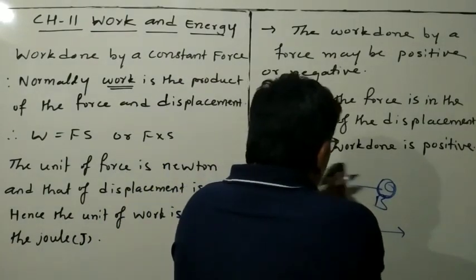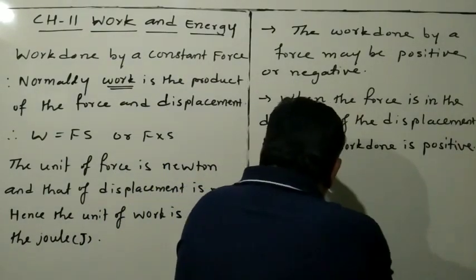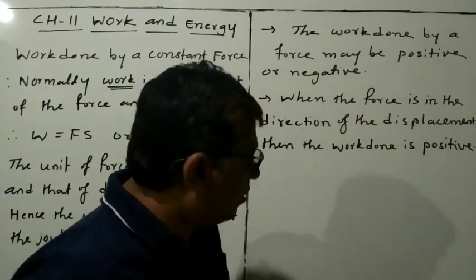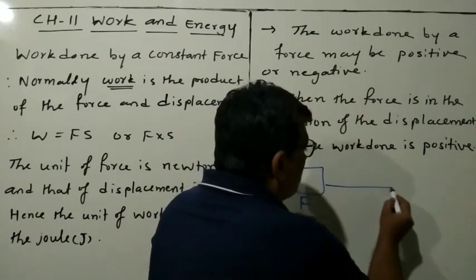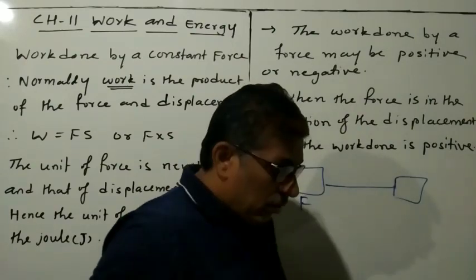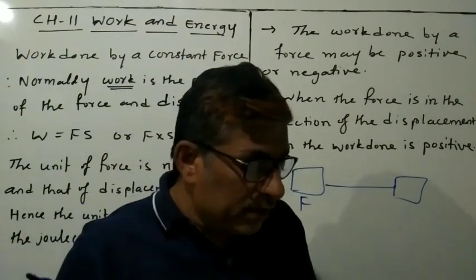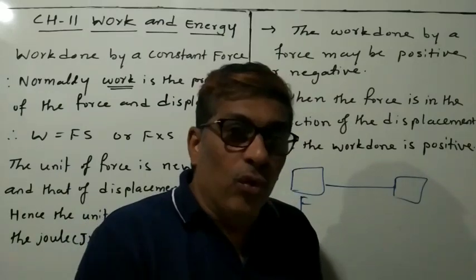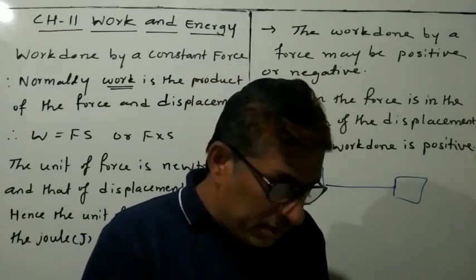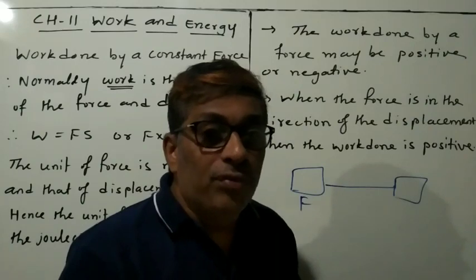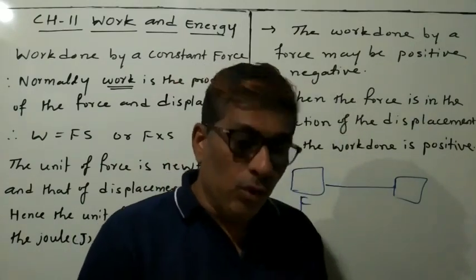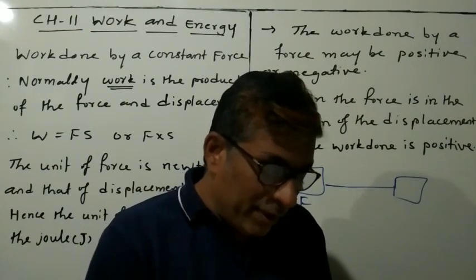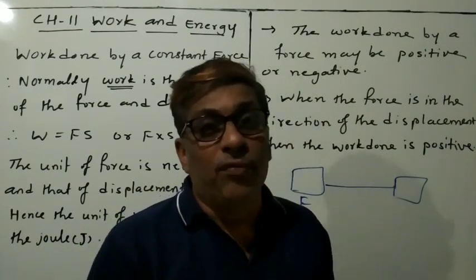When you apply the force on the brick, it is displaced up to here. Thus work done by a force acting on an object is equal to the magnitude of the force multiplied by the distance moved in the direction of the force.